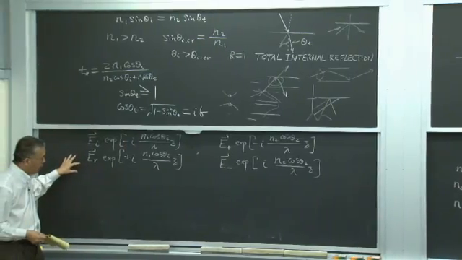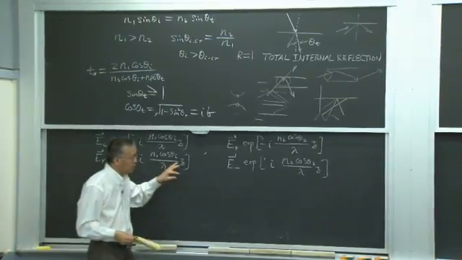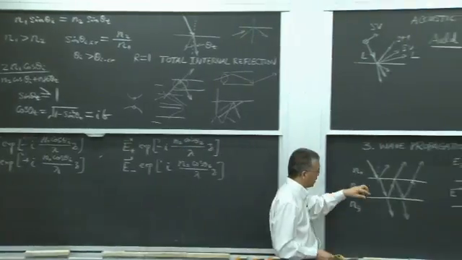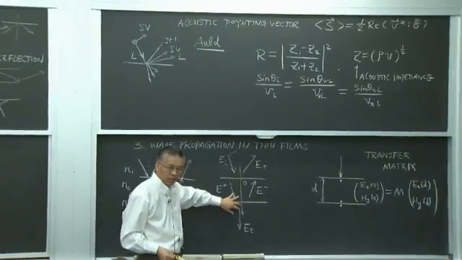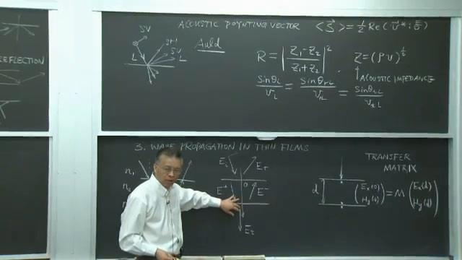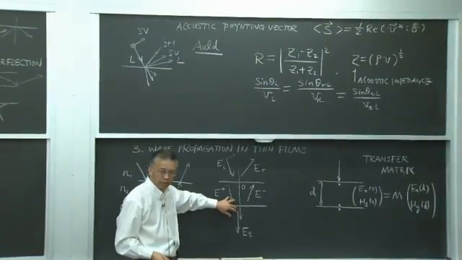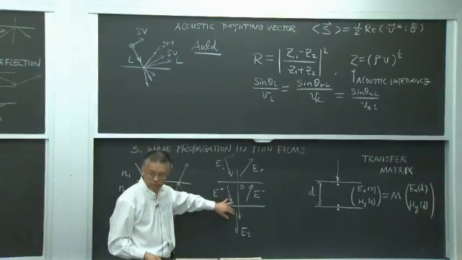Now I apply the continuity, the same boundary condition as I did before, for the first interface and for the second interface. The tangential components of the electric and magnetic field are continuous, right?